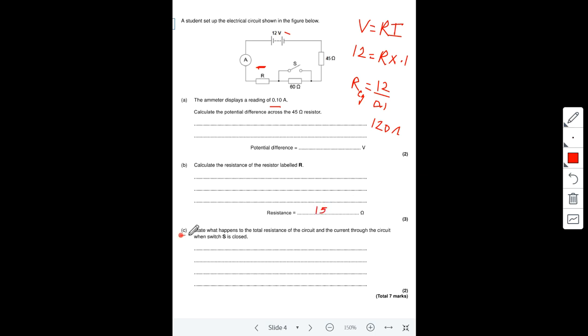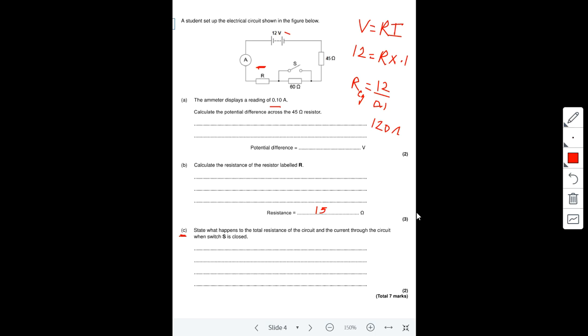Now see this one. State what happens to the total resistance of the circuit and the current through the circuit when switch S is closed.